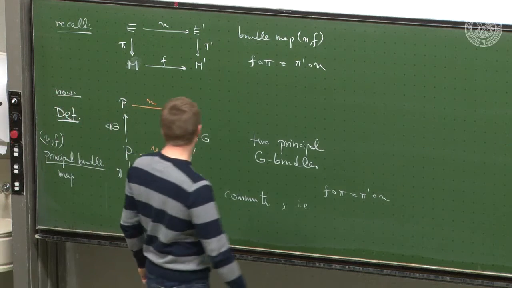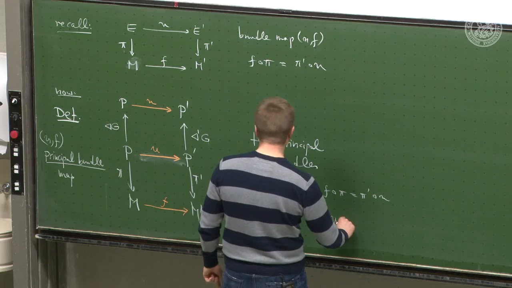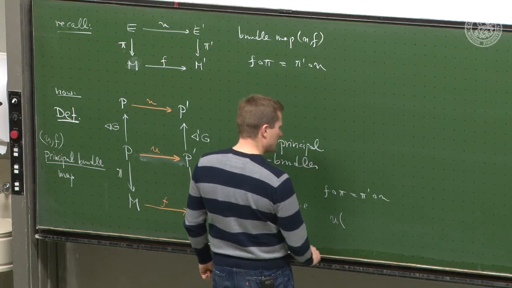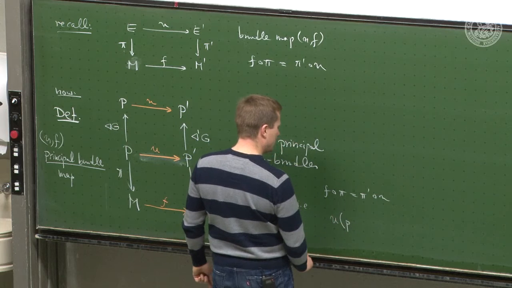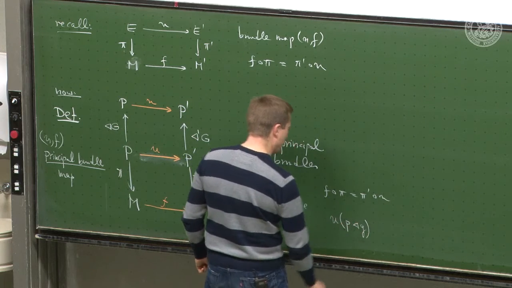So we can read this off here. We have that U after the action. Now, in order to write this properly, we say U of a point p on which a group element g acts.